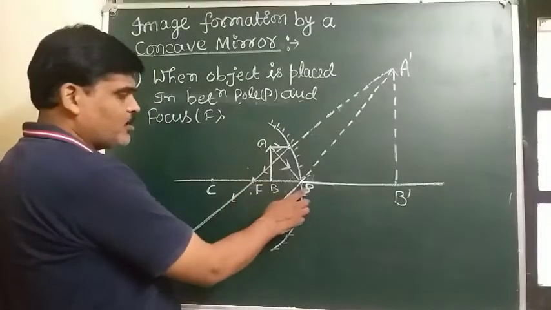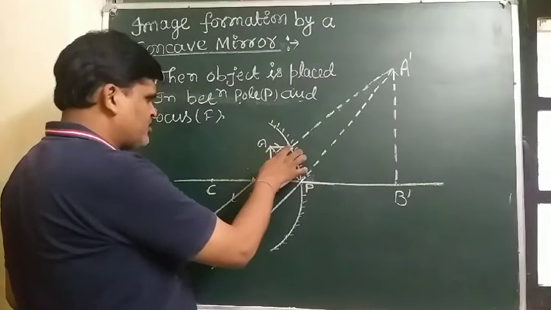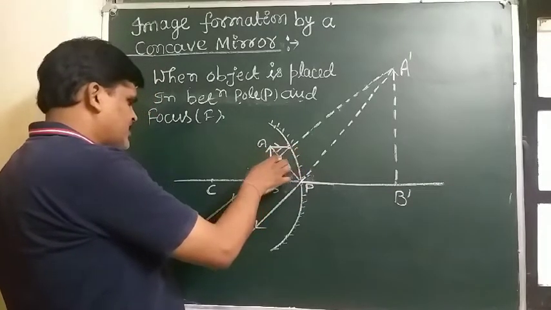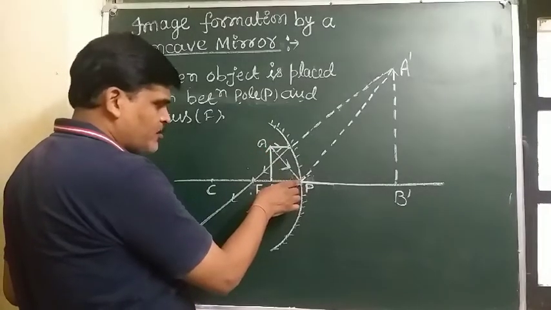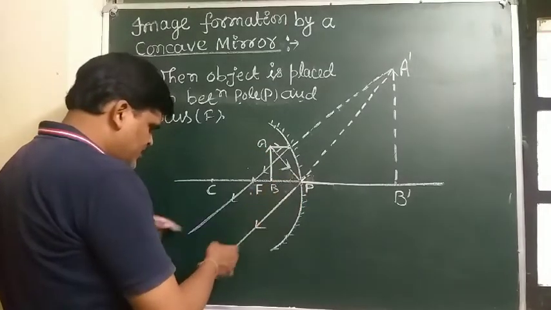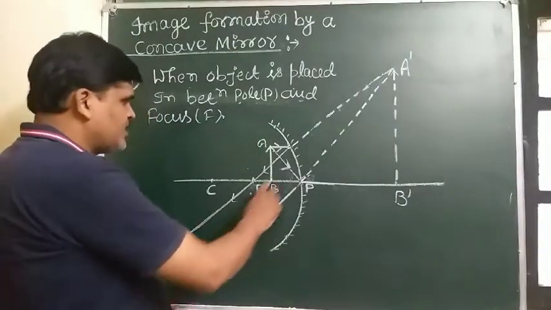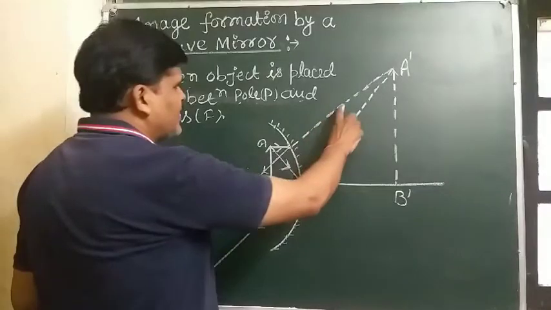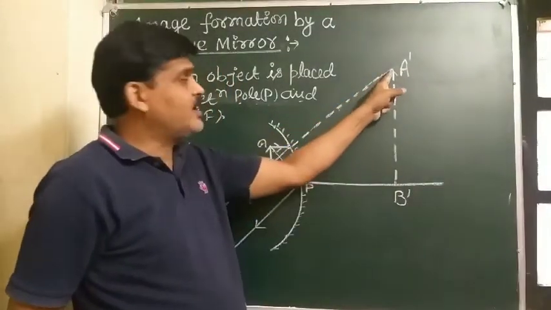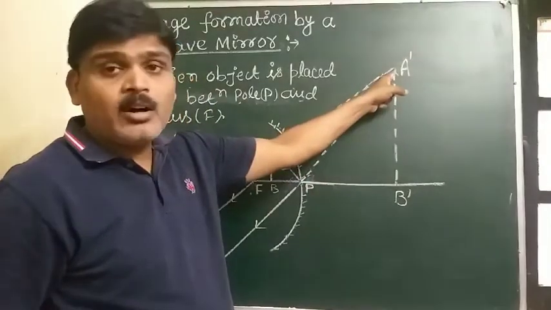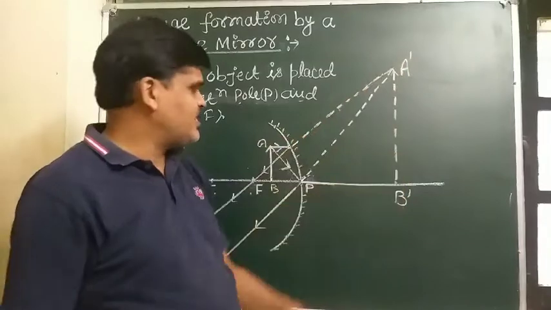A ray parallel to the principal axis passes through the focus after reflection, another ray obeys the law of reflection, and these two reflected lights are not actually intersecting. Extended backward, they appear to meet at point A dash.